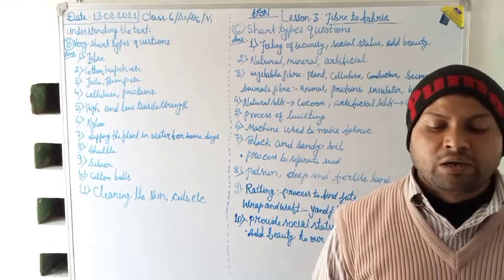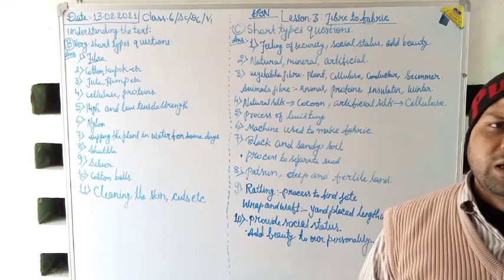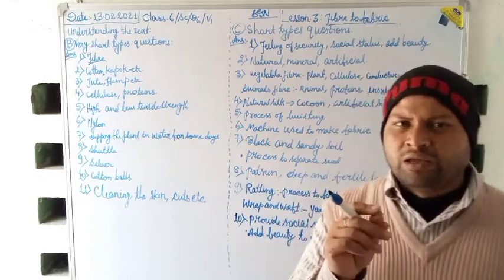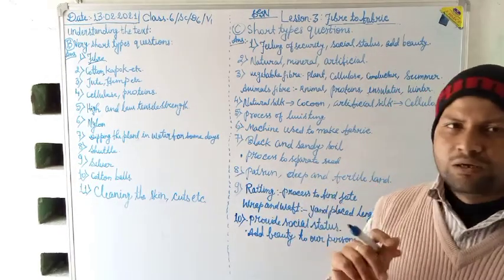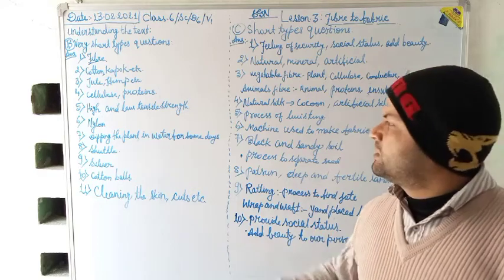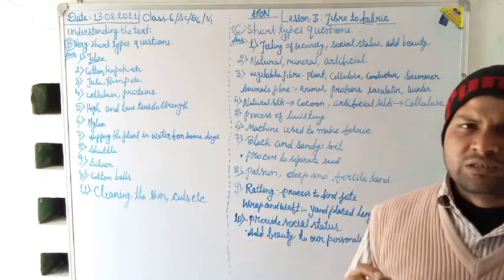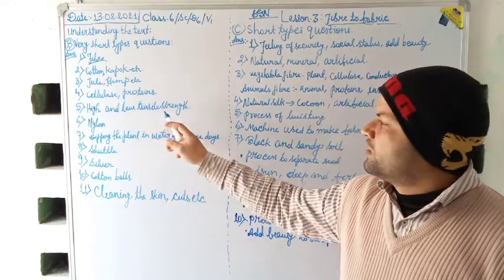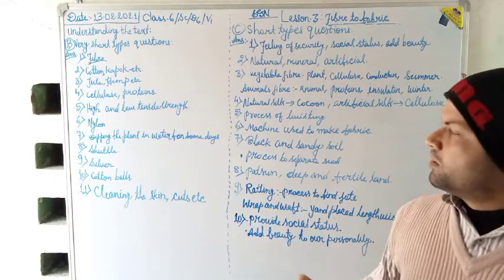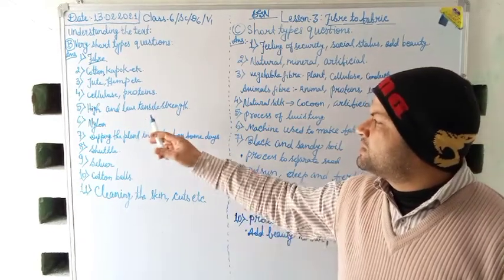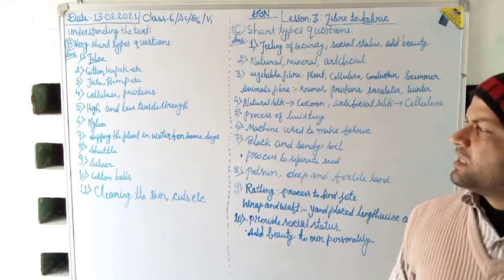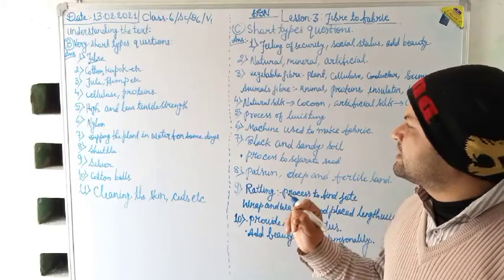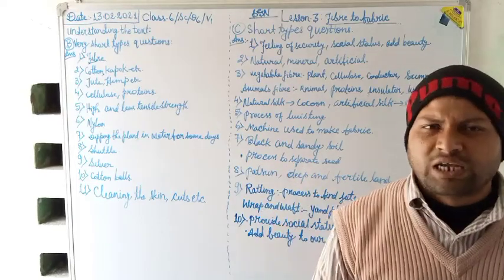It is asked: give one difference between vegetable fibers and animal fibers. Vegetable fibers and animal fibers have many differences, such as tensile strength. Sorry, animal fibers have high tensile strength and vegetable fibers have low tensile strength.